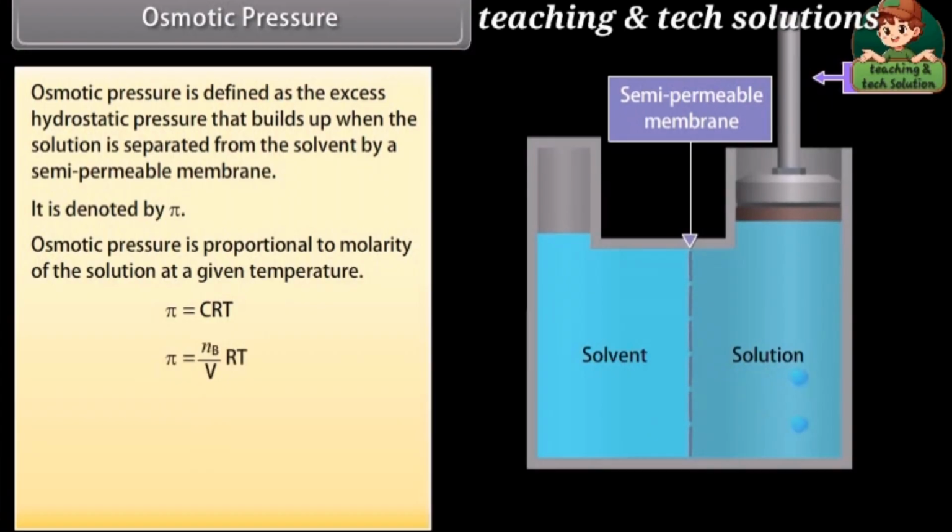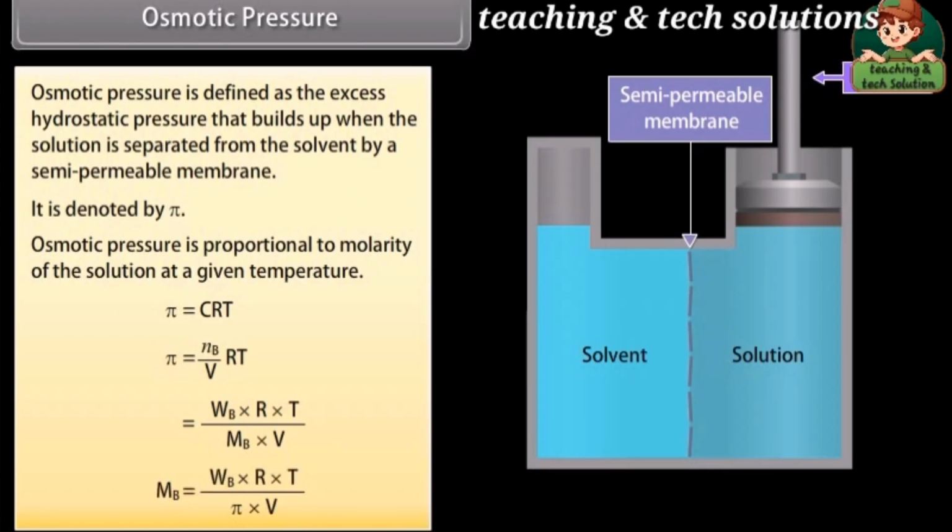Put the value of C in the equation, we get pi is equal to WB into R into T divided by MB into V. We calculate the value of MB as WB into R into T divided by pi into V.